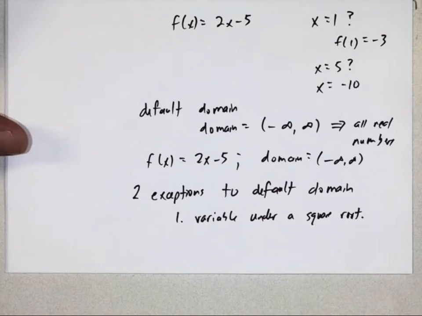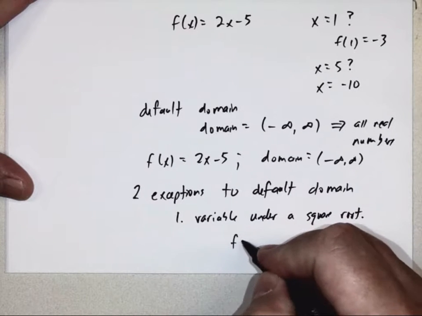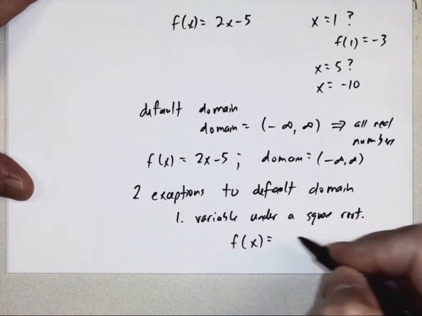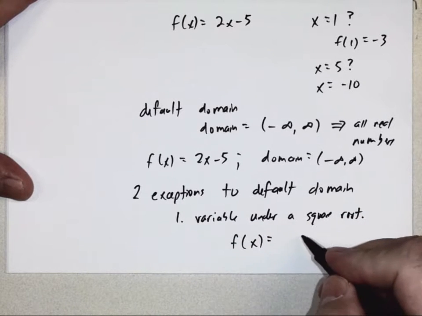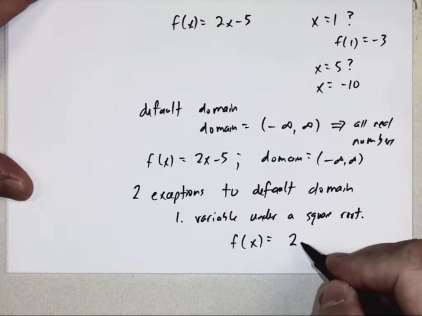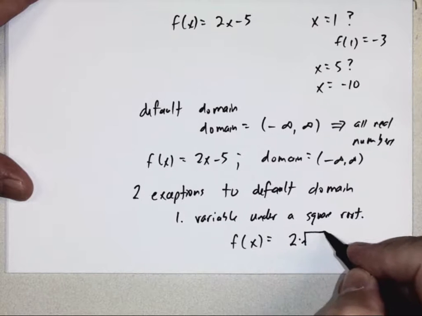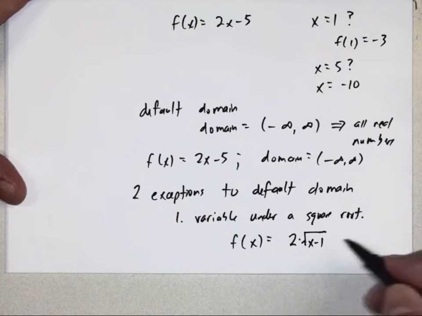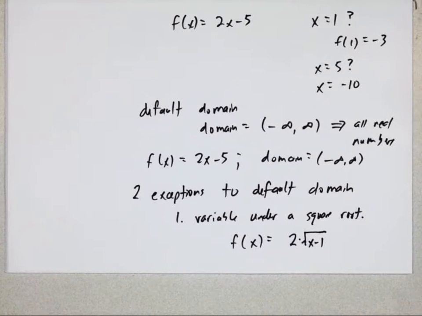What does that mean? That means if I'm ever given a function like this, say my function is 2 times the square root of x minus 1.